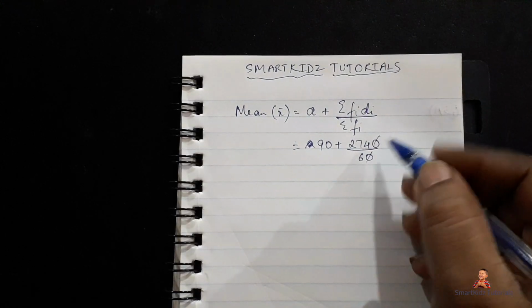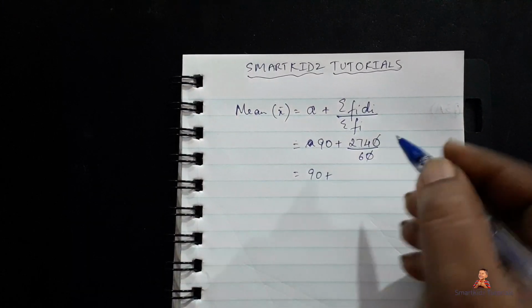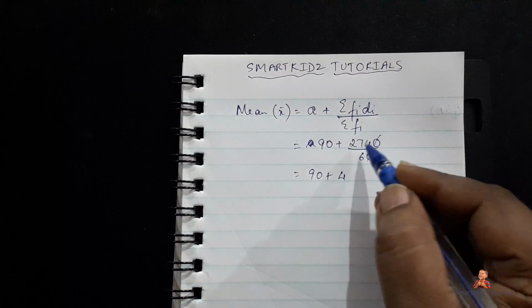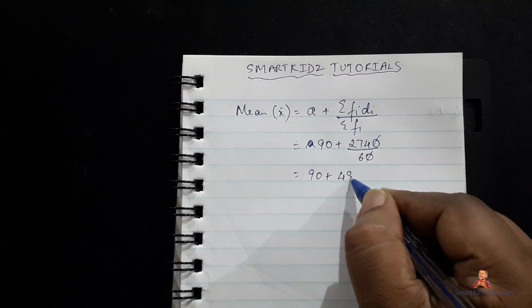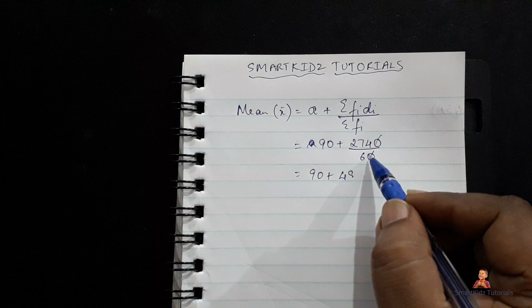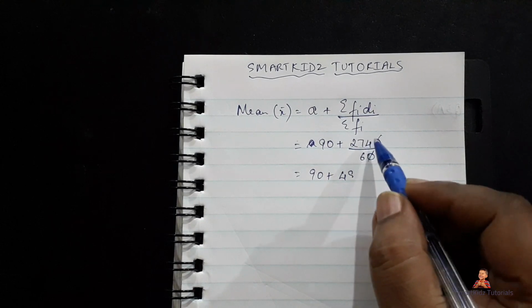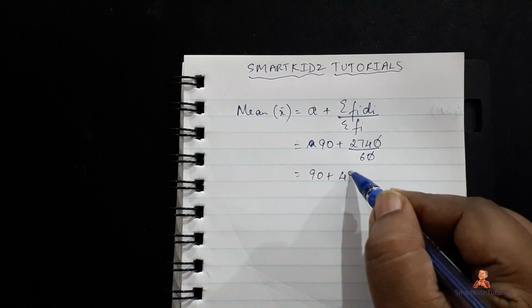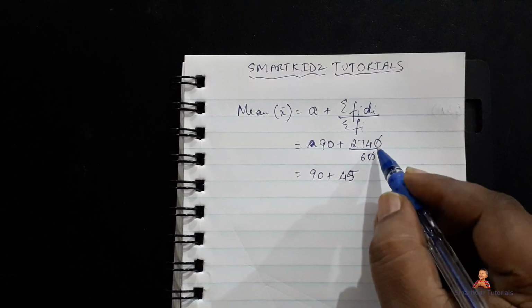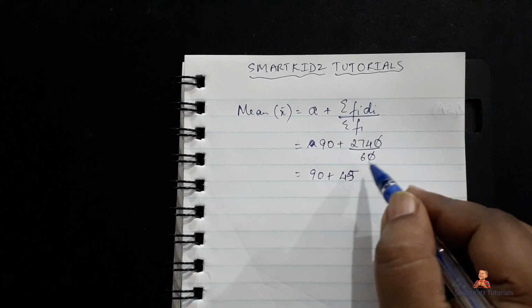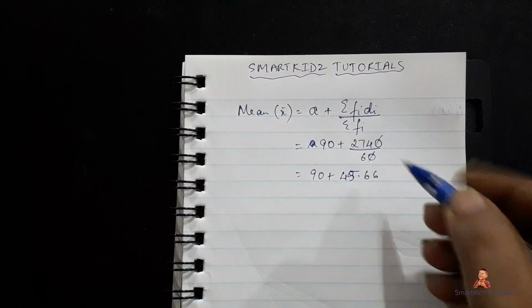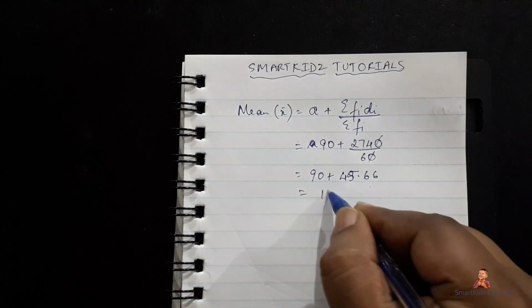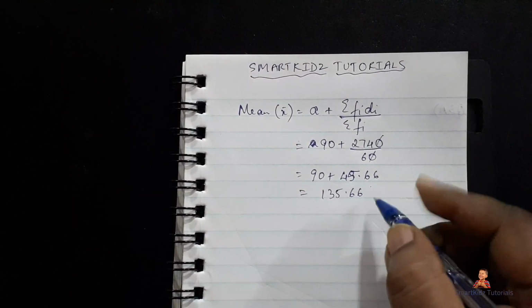So we cancel the zeros and we can write 90 plus 274 divided by 6, which gives us 45.66, and 90 plus 45.66 will give us 135.66.